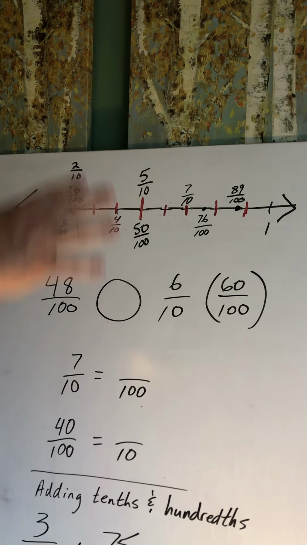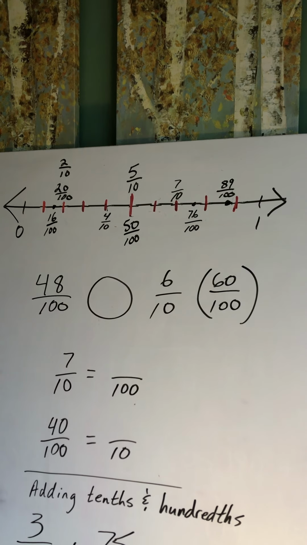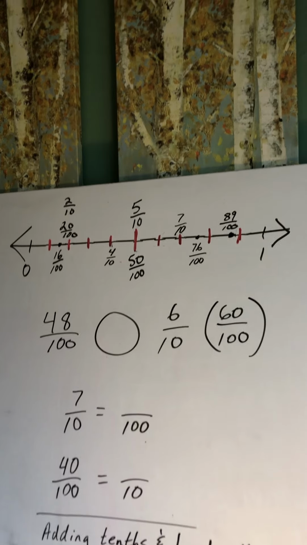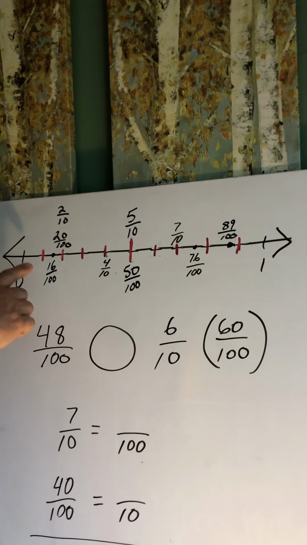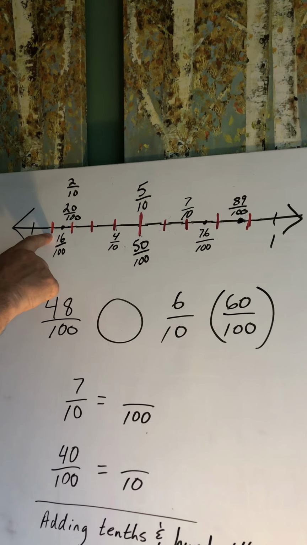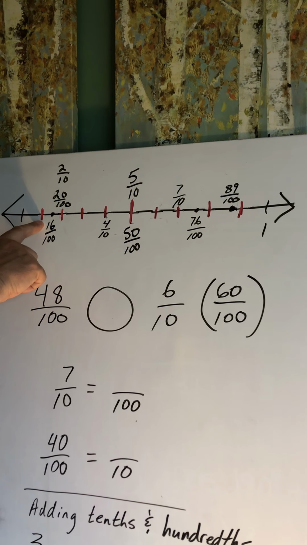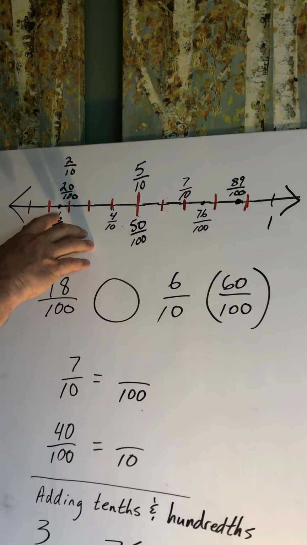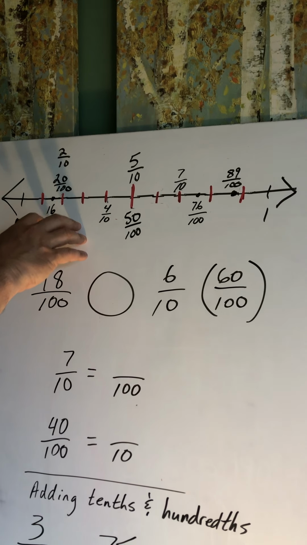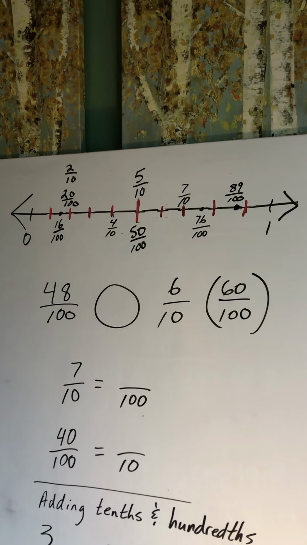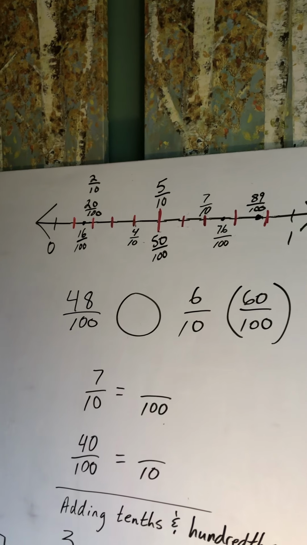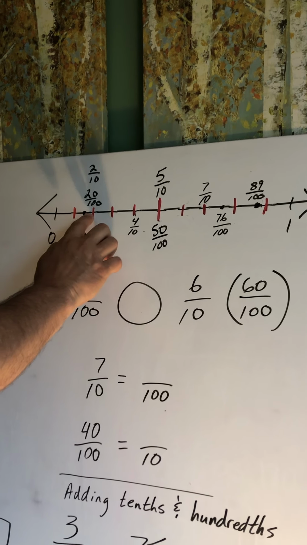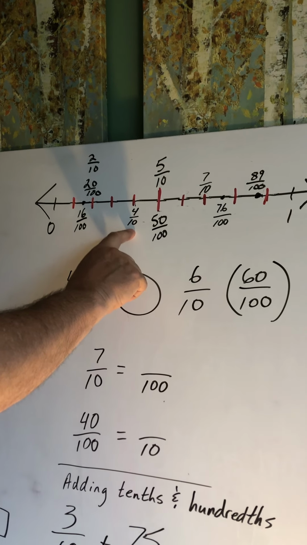So what I wanted to just show you was where these tenths and hundredths show up. If this is 1/10 or 10 hundredths, and this is 20 hundredths, wouldn't 16 be right there? Sure, 16 hundredths. And then if I go back to tenths, we got 1, 2, 3, 4 tenths.